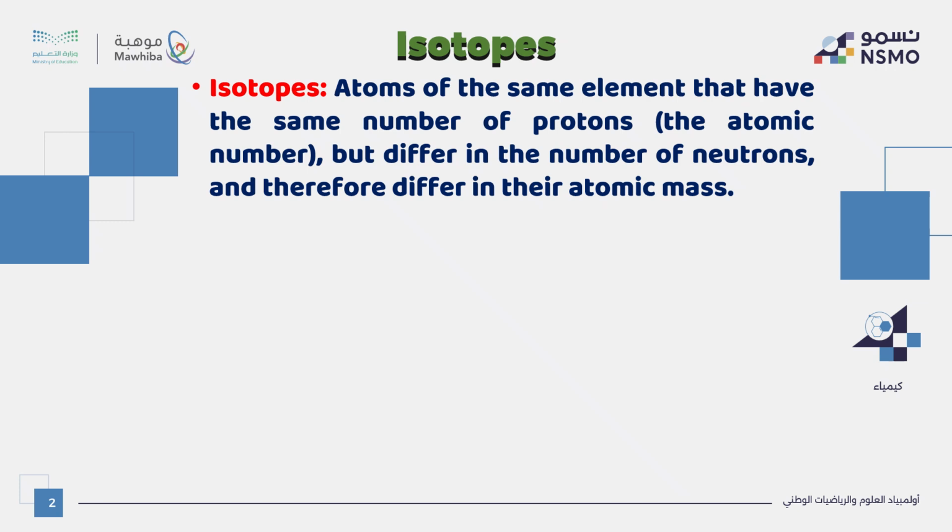Because the number of neutrons is different, isotopes of the same element have different mass numbers and therefore different atomic masses. Even though isotopes have different masses, they are still the same element because the number of protons does not change. Example 1.